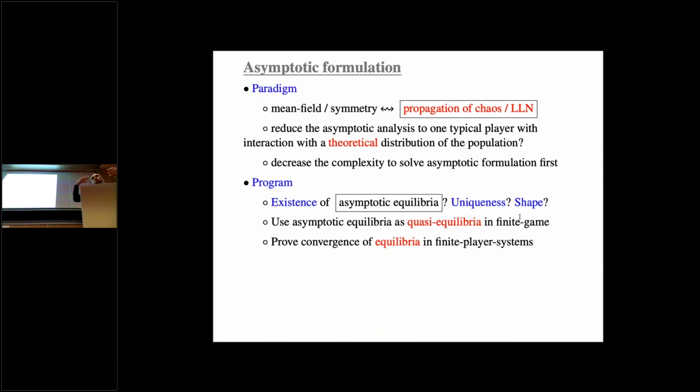For those of you who know a bit of particle systems, when you try to pass to the limit on the number of particles, and you formulate a possible asymptotic problem for your original model, at the end of the day, you want to see how far the limiting model is from the original one. And this will be a question that we will study tomorrow.